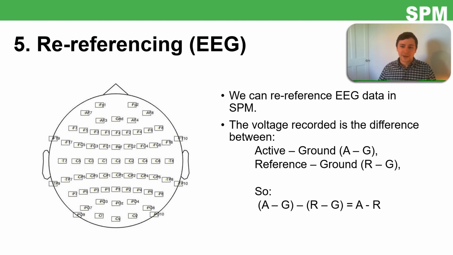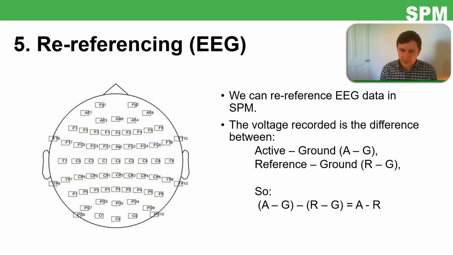So when you do active minus reference, you're going to be left with the difference between the two in terms of what's going on at the scalp, plus negative noise, so essentially just plus noise, which is a problem. So how do you get around that? I think they're called differential amplifiers.